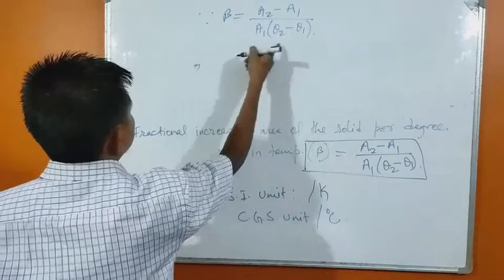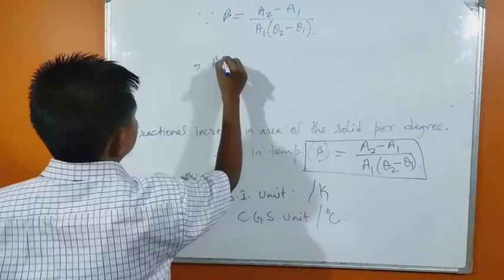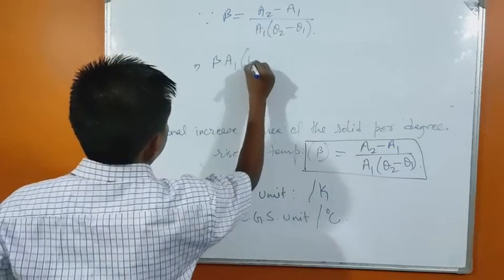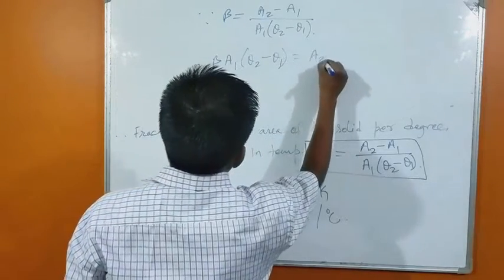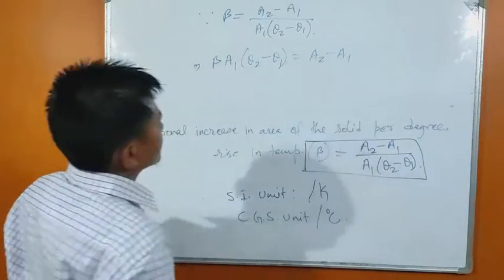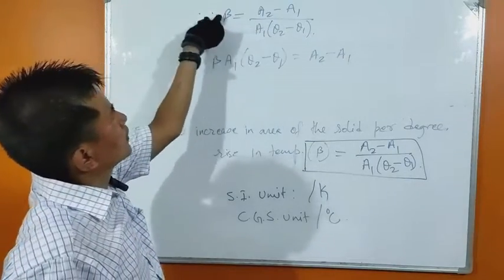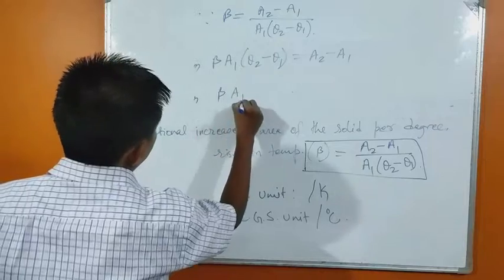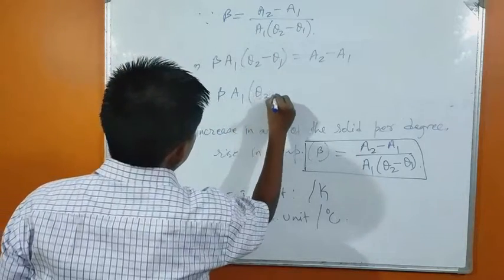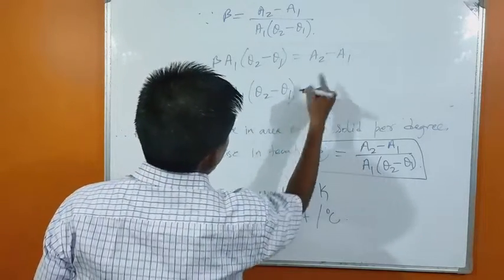So let us cross multiply. Beta into A1 into theta 2 minus theta 1 equals A2 minus A1, isn't it? We cross multiplied this denominator with beta, or beta A1 theta 2 minus theta 1.